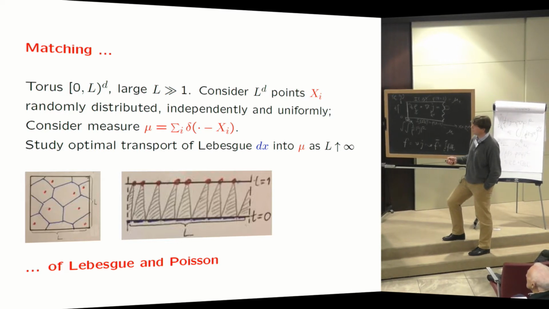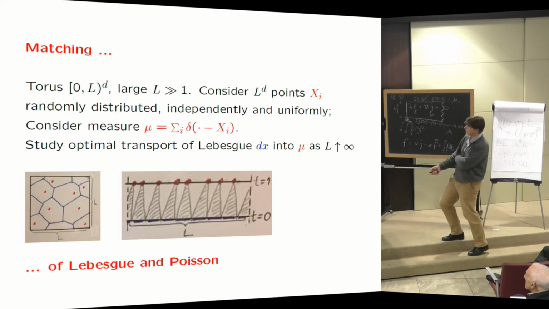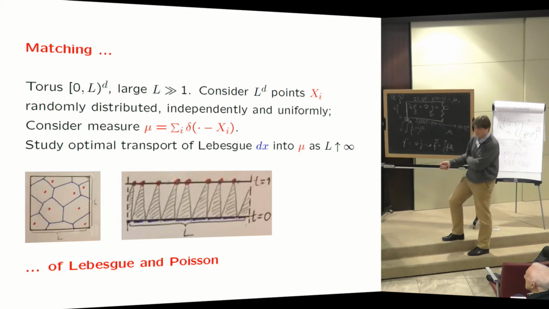So I recall to you the matching problem. You give yourself a large torus, where L is the linear size of the torus. You throw randomly the right number of points into the torus, uniformly distributed. The number of points is such that the typical distance between the points is of order 1. For the experts, that's a poor man's version of the Poisson point process. In the Poisson point process, you would also make the number of points random, but concentrated around that number.